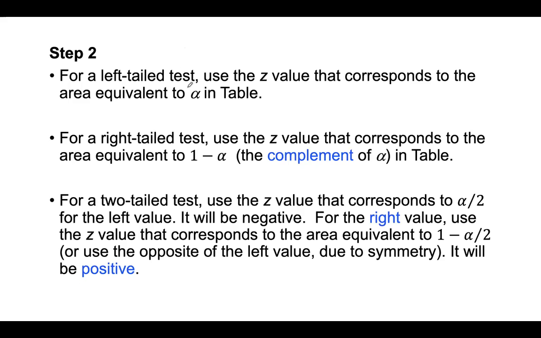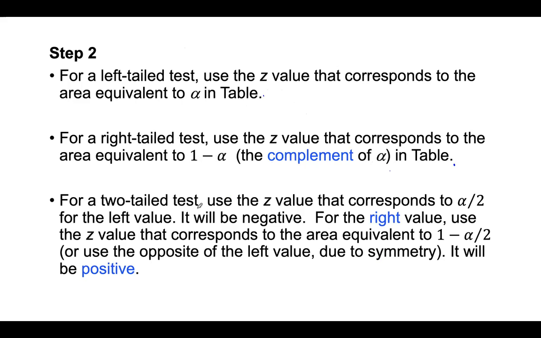For a left-tailed test, use the Z value that corresponds to the area equivalent to alpha in the table. For a right-tailed test, use the Z value that corresponds to the area of 1 minus alpha, the complement of alpha, in that table. It's because of how the table is drawn on one side.